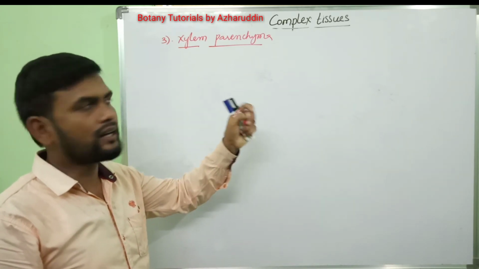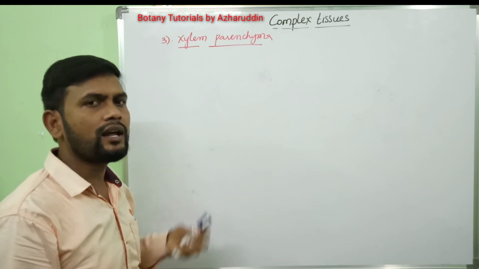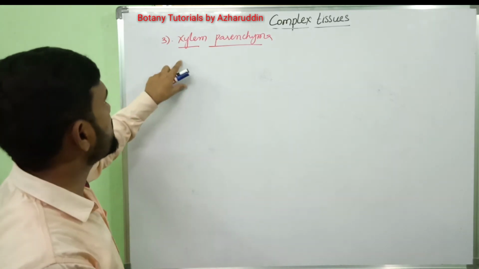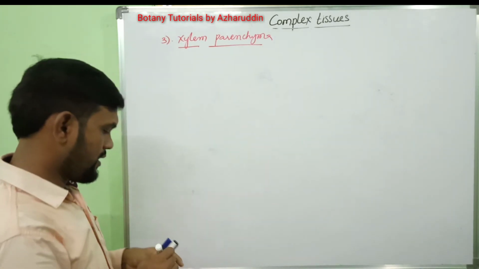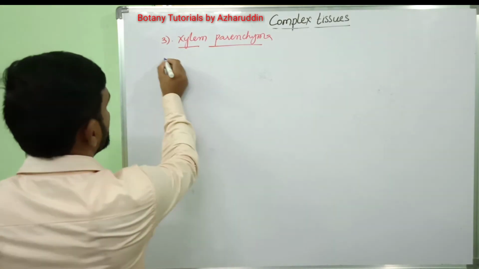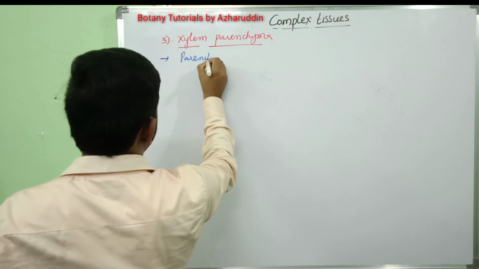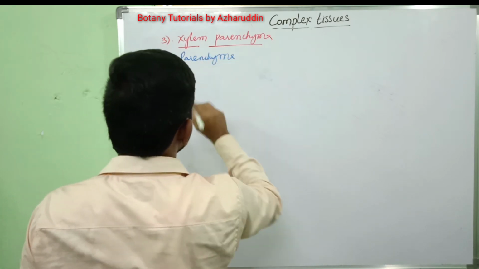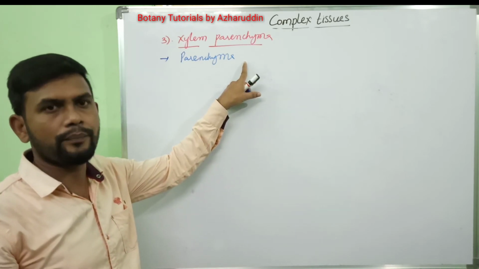The remaining 3 types of elements are composed of dead cells, but xylem parenchyma is composed of living cells. The parenchyma cells associated with xylem are called xylem parenchyma.